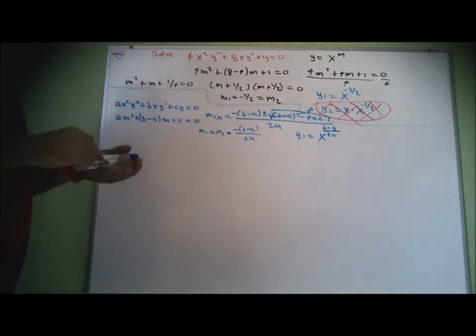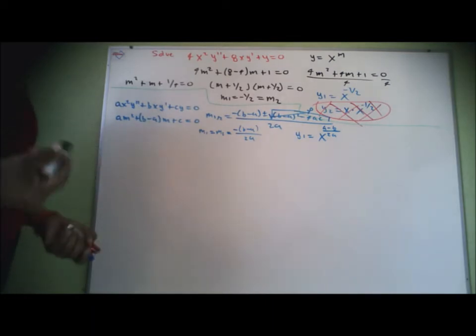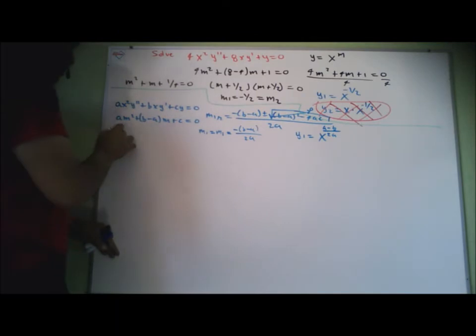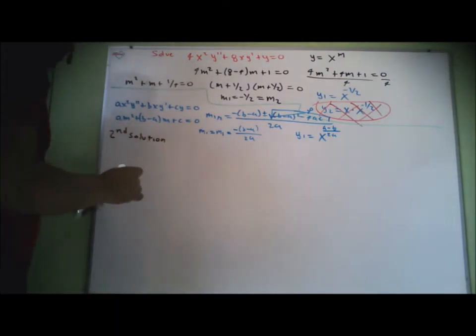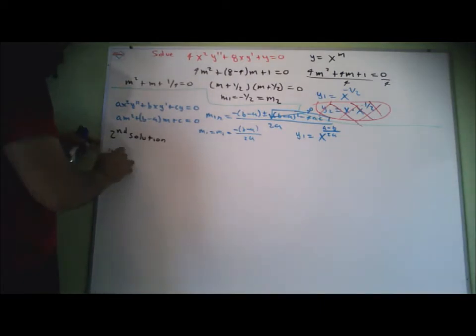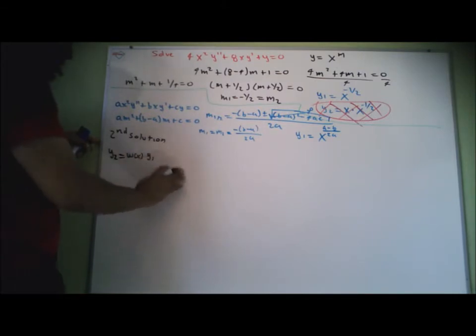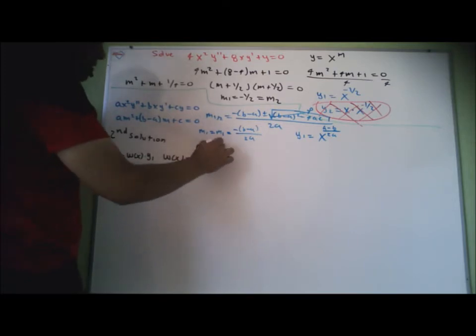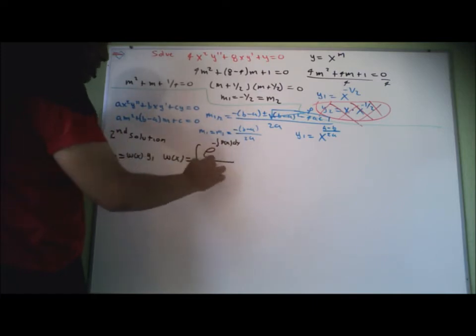Okay, now what we are going to do is to find the second solution using the order reduction formula. So the second solution using this formula: y2 is equal to w of x times my first solution, where w of x, if you remember the formula, is going to be the integral of the exponential of minus the integral of p of x dx, over y1 squared, dx.